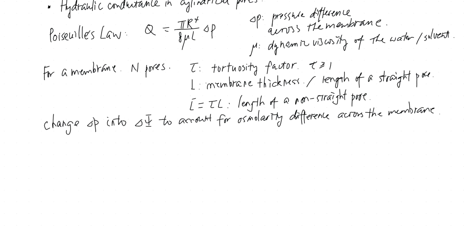So our Q is N, the number of pores, multiplied by pi R cubed. Now in the denominator we have 8 mu. Now we use the true length, which is tau multiplied by L, and multiplied by the driving force delta psi.